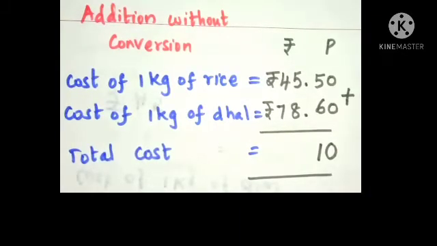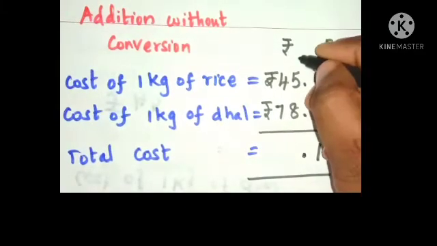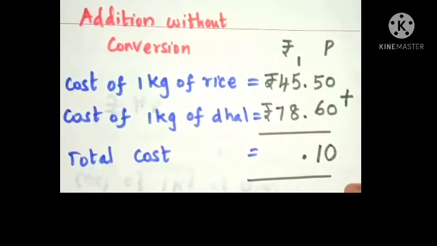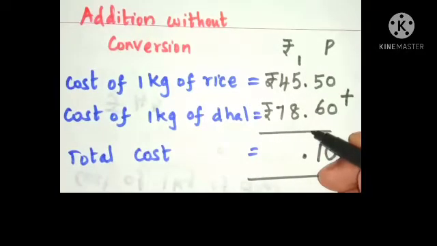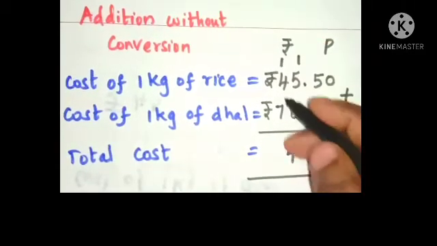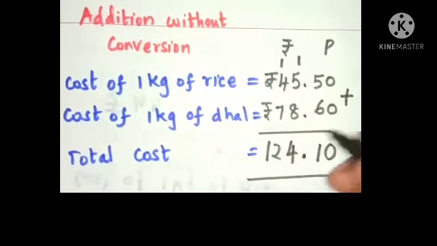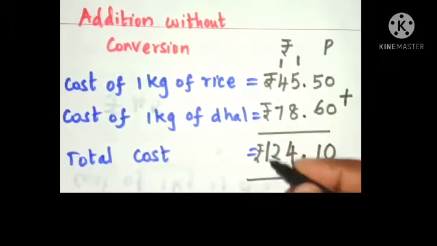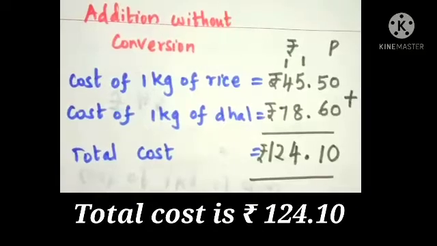Put 1 in the paise value and bring 1 to the rupees value. Now 5 plus 1 is 6. 6 plus 8 is 14. And bring 1. 5 plus 7 is 12. Here it is rupees. Total cost is 124 rupees 10 paise.